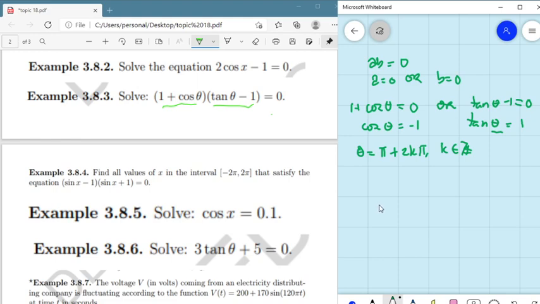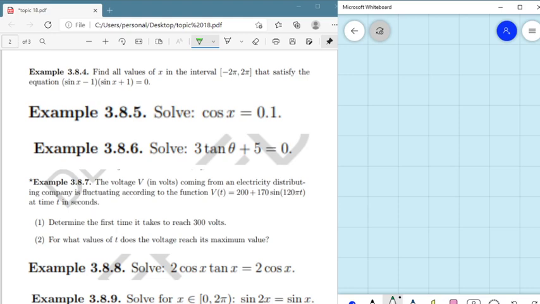Pi over 4. So therefore, theta would be equal to pi over 4 plus k pi. Why k pi only? Because it is tangent, so the cases repeat every pi. Okay? Wherein k is any integer.